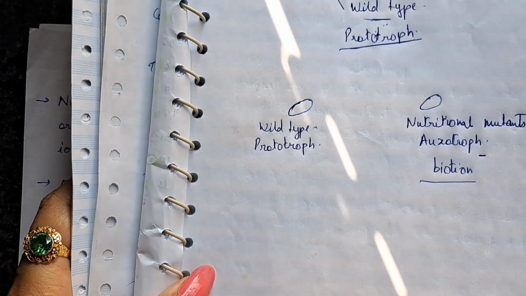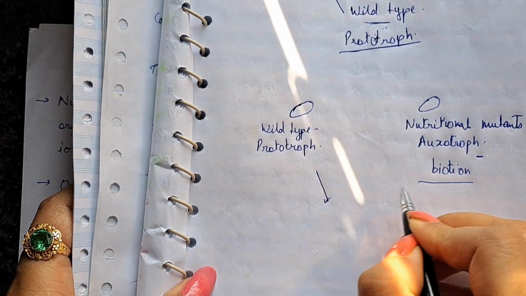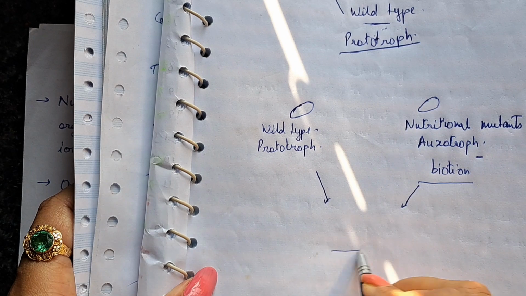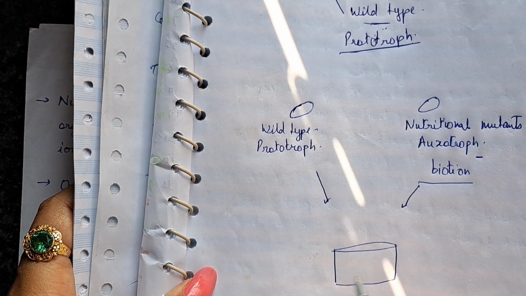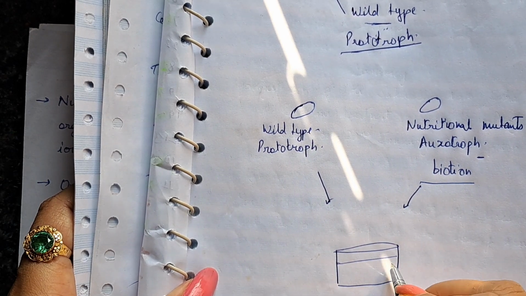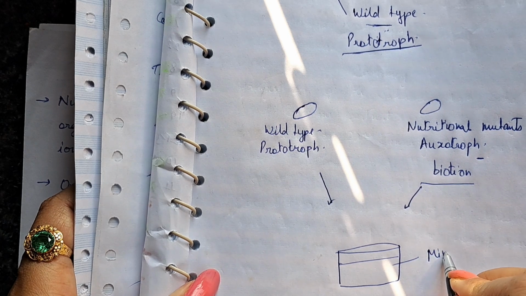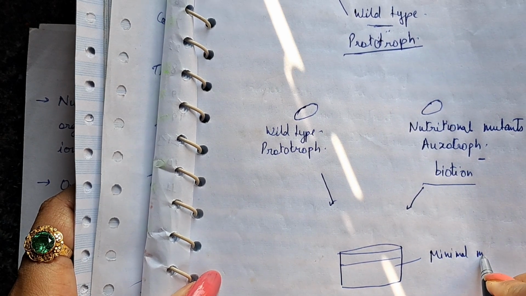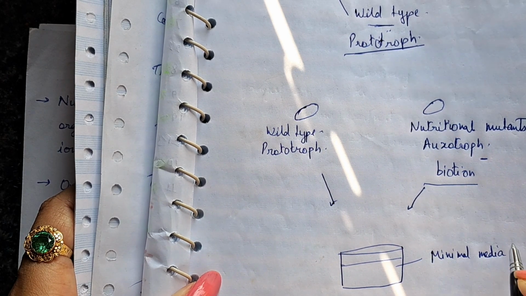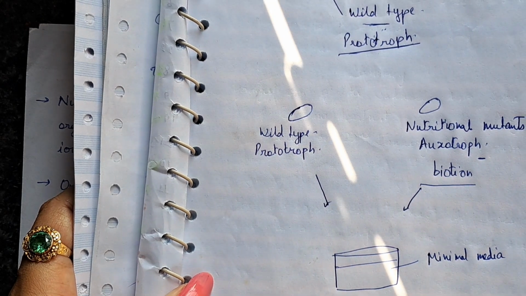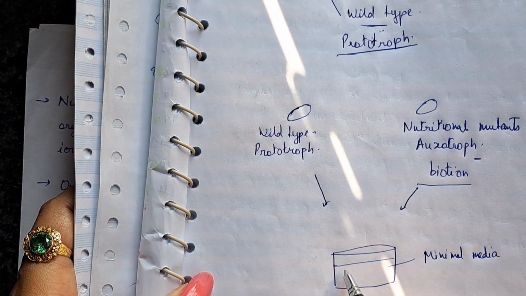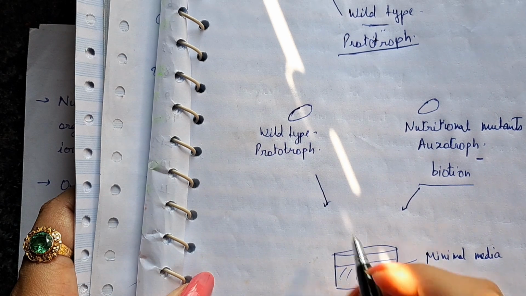Now if I put both these bacteria within a culture media, and this culture media contains minimal media, that means I'll be giving only those things that these bacteria cannot produce naturally. So all those food materials will be present out here. So what will be the result?